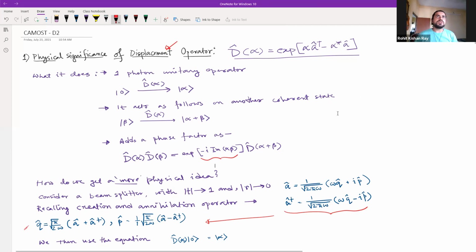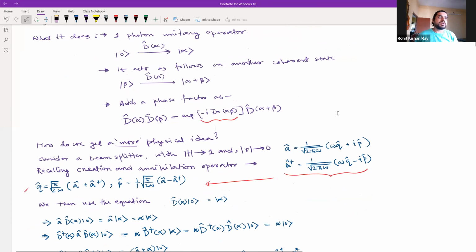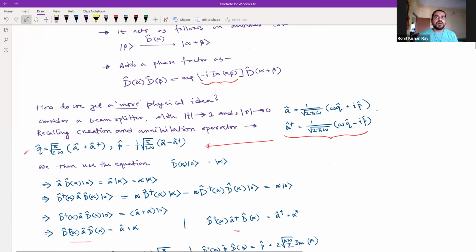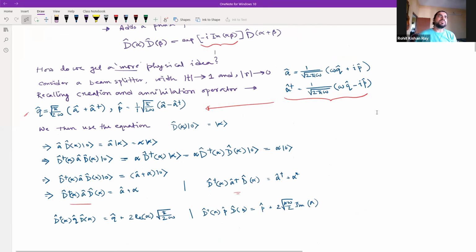So the question is, how do we get a more physical idea? That is where the second part of the problem, the operator transformation, comes into play. We begin by identifying, as we did in tutorial 1, that A and A dagger are two operators in the form of Q and P, where Q and P are the conjugate position and momentum operators.